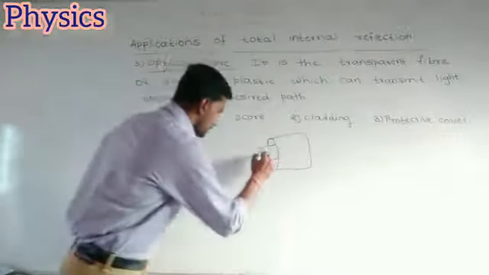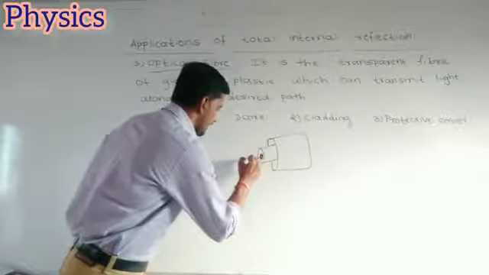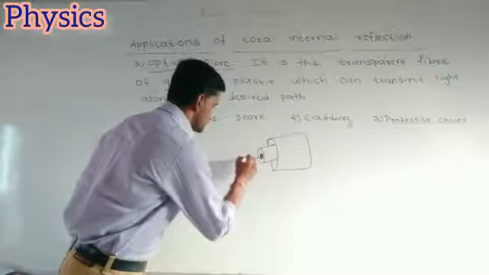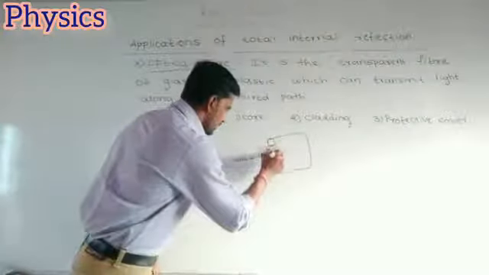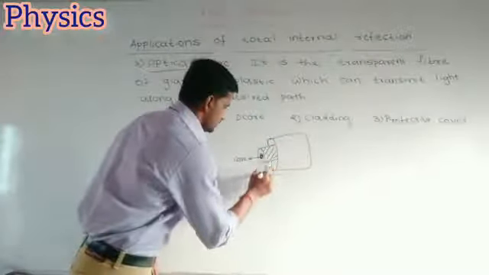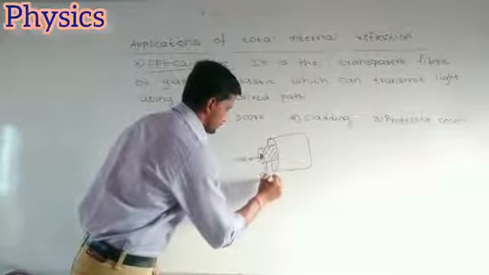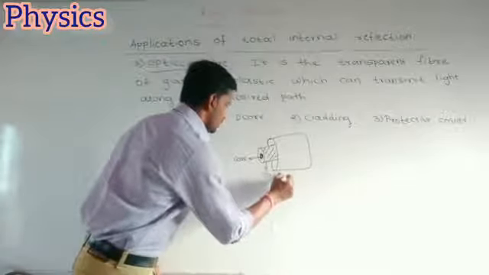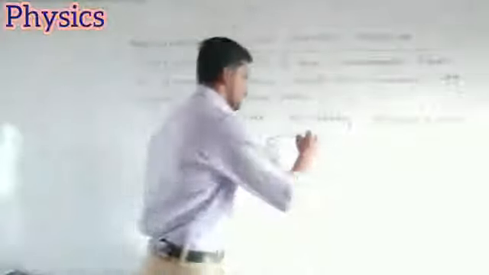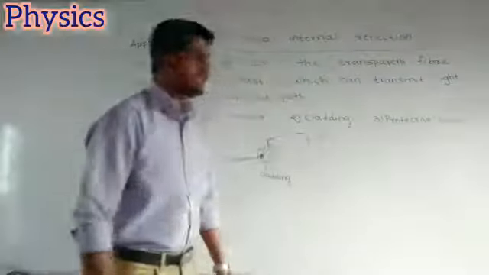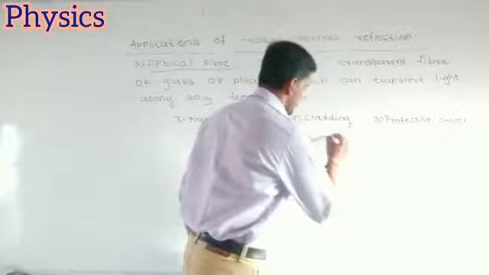This part is called the core. This is the core, and outside this is called the cladding, and both core and cladding are covered by one cover, that is the protective cover.